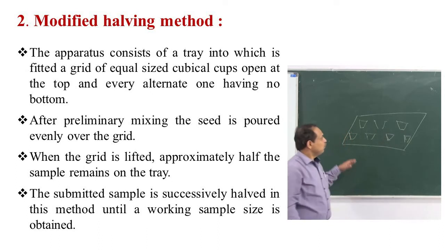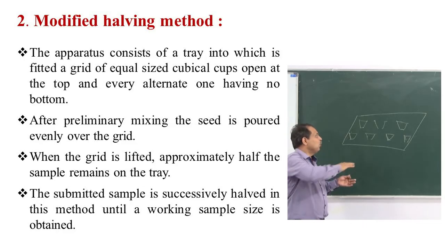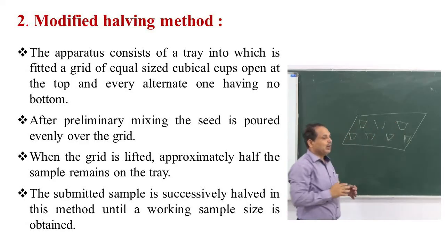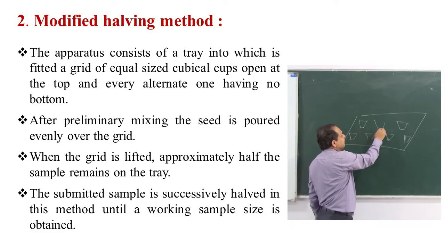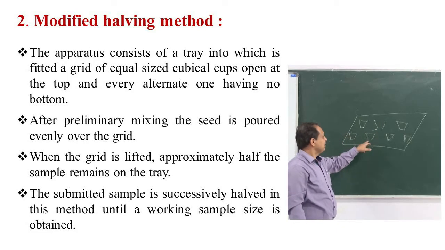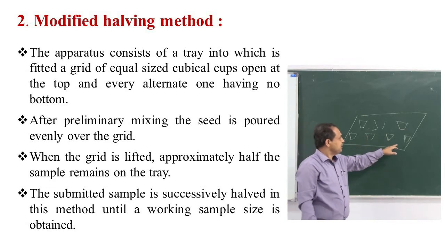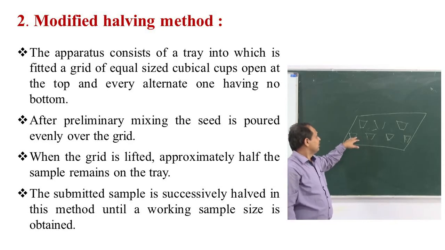It is closed. So, after preliminary mixing of the seed, it is poured evenly over the cups. What happens is that the seed poured into the closed cups will remain in the cups, while the seed poured into the open cups will be left on the tray.